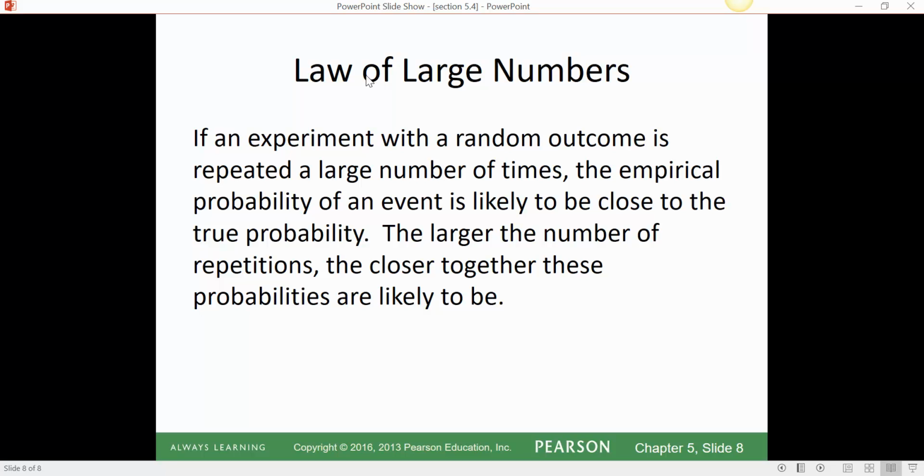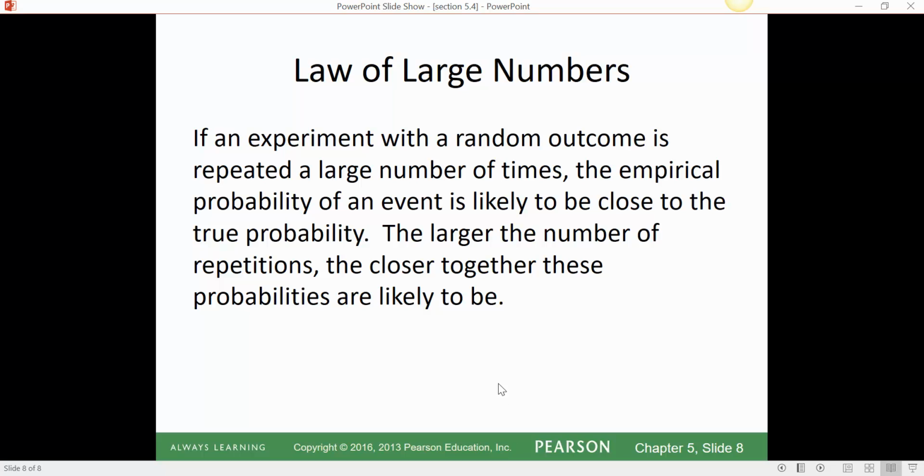So if we could continually keep trying this event, eventually it's going to reach the theoretical probability. So the law of large numbers basically states that the more times that you repeat a trial, that empirical probability is going to get closer and closer to the theoretical probability.